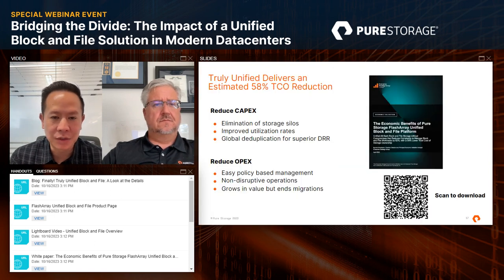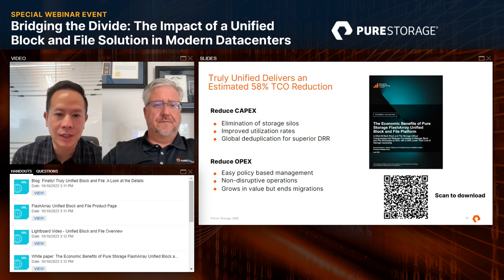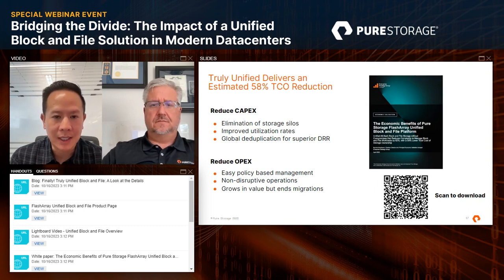Also, as Don alluded to earlier, during the launch of Unified Block and File, we had a report written by ESG, and they came out with an estimate of 58% TCO reduction.